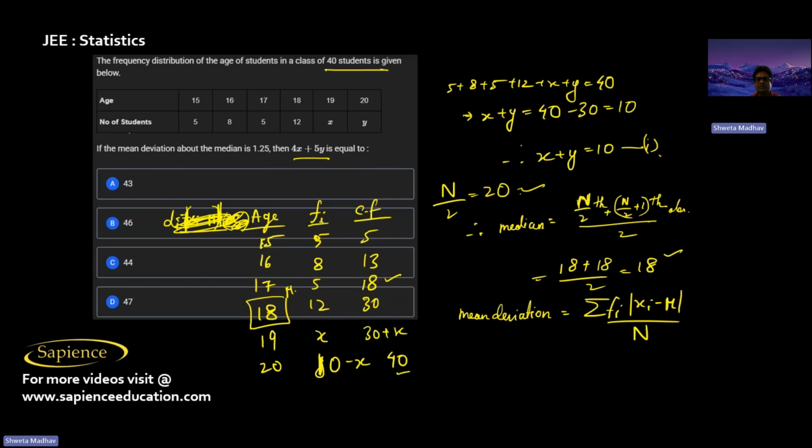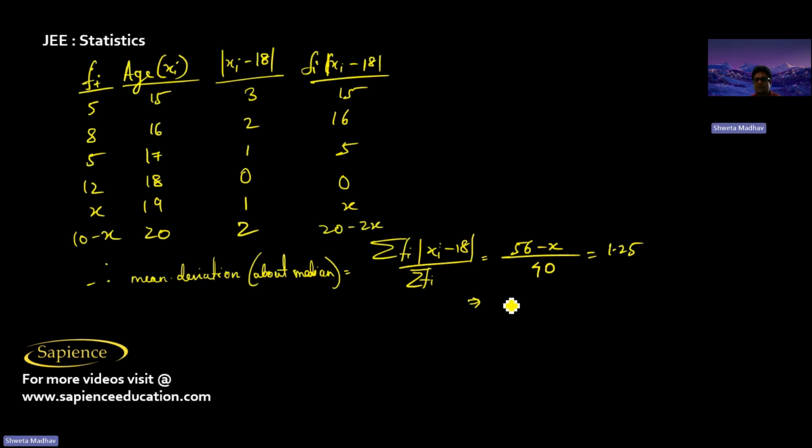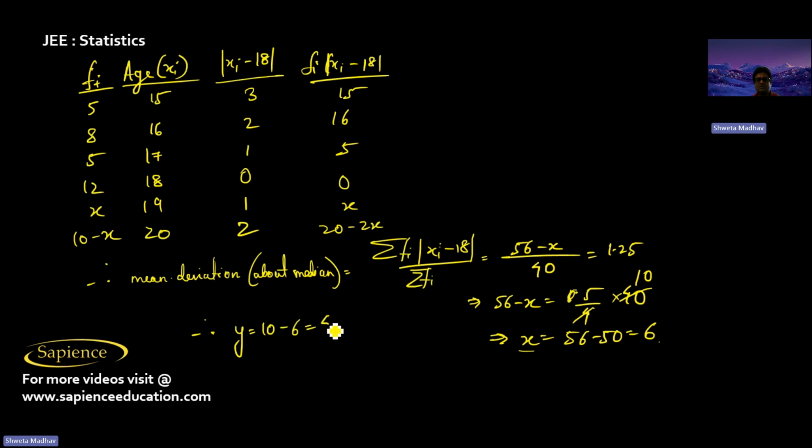Therefore, I can say that 56 minus x equals 1.25, and 1.25 means 5 by 4, into 40, that is 50. So x will be equal to 56 minus 50, that is 6. So x is 6. Therefore, y will be equal to 10 minus 6, that is 4.